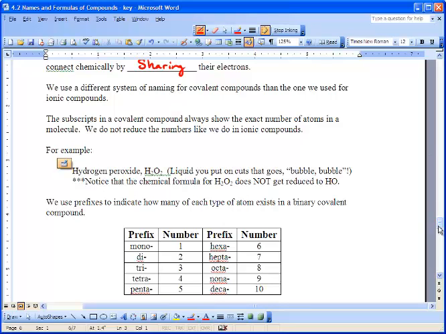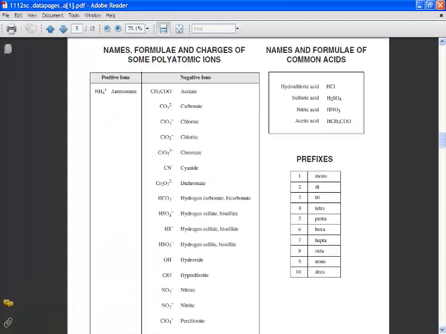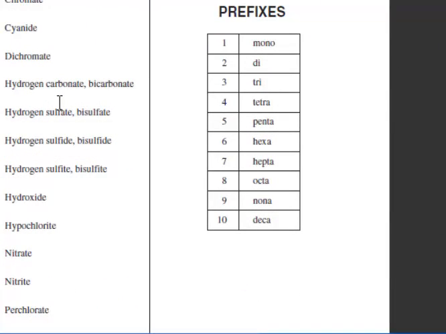So the prefixes we use for naming covalent compounds can be found on your periodic table booklet, and it looks just like this. So we've got the part where the polyatomic ions are.